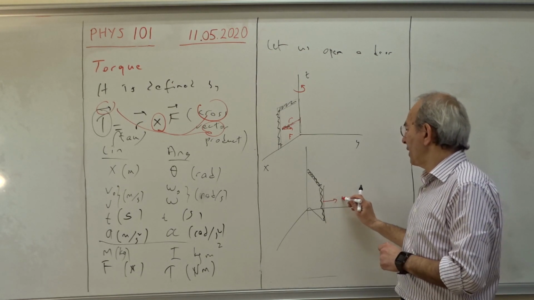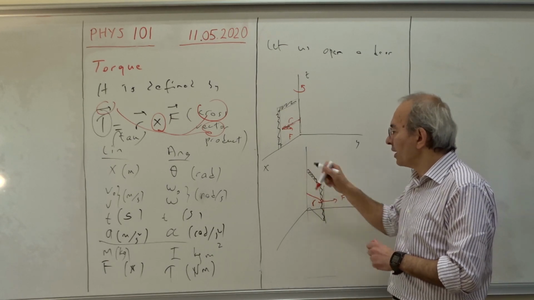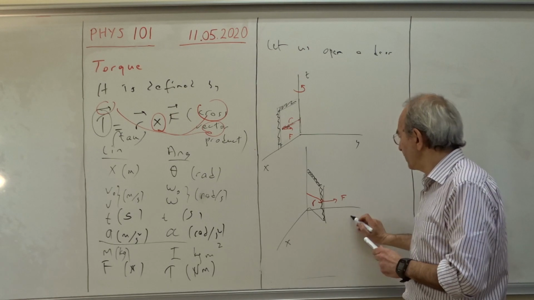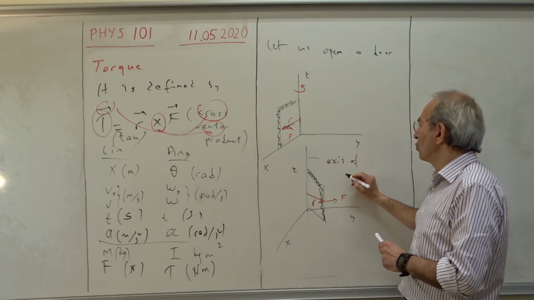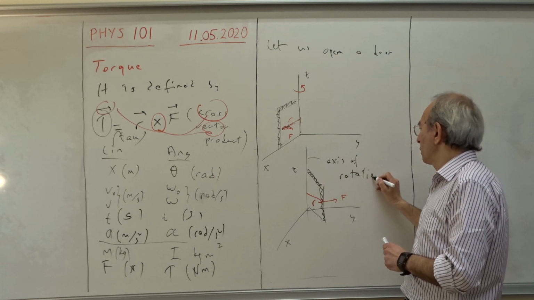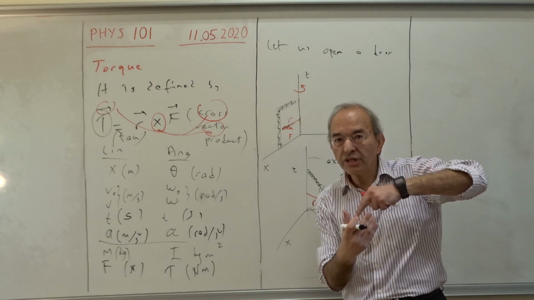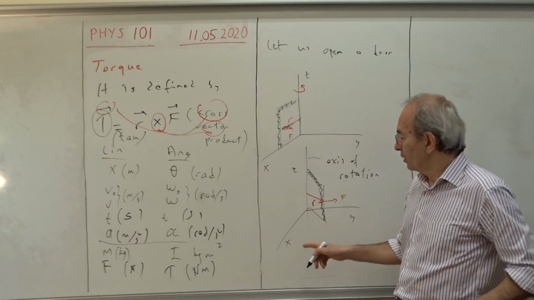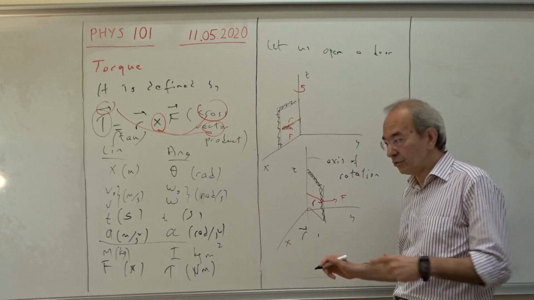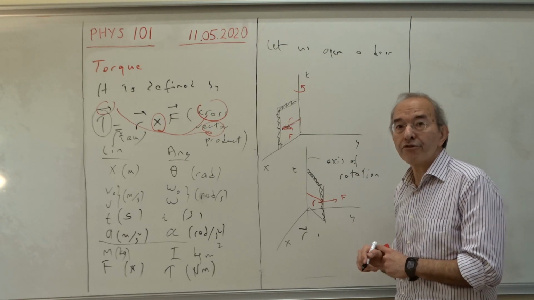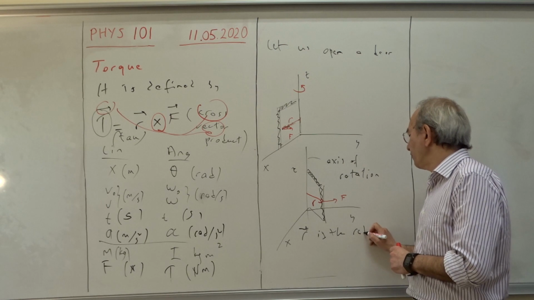Now you are applying a force to it, and this is the radius from the axis of rotation, the z axis. So the door can be opened or closed, turned around the z axis. So r is the radius vector. r is a vector. Don't forget to use this arrow to show that it's a vector.